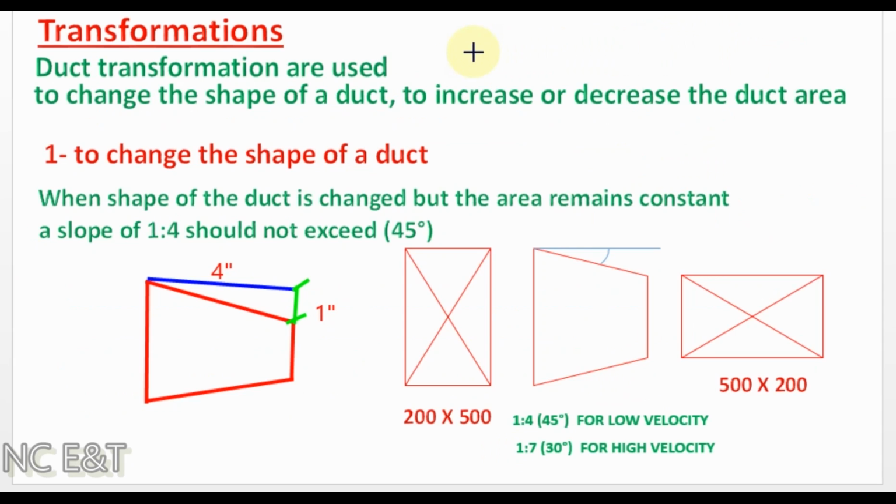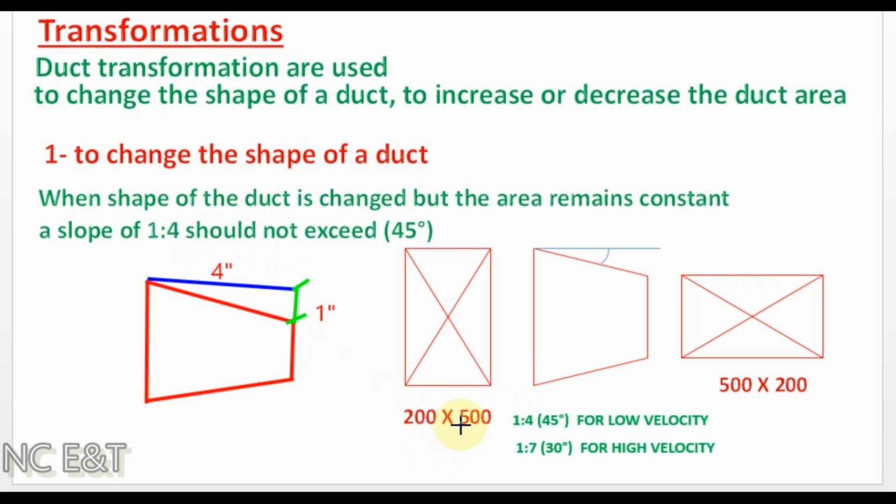Number 1. Use of duct transformations or transition piece to change the shape of a duct while the cross-sectional area remains constant, then a slope of 1 to 4 should not be exceeded. In this picture you can see a duct having size 200 by 500.